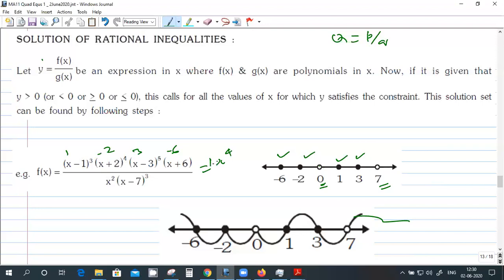So for large values of x, the value of f of x will be infinite. Similarly, for large negative values it's also infinite. So the function will look like this, and in between the roots, the value of the factors will fluctuate. From that you can find whether it's negative or positive.